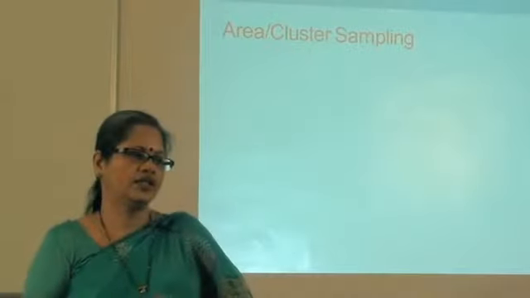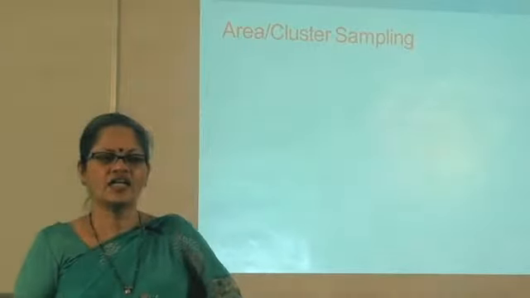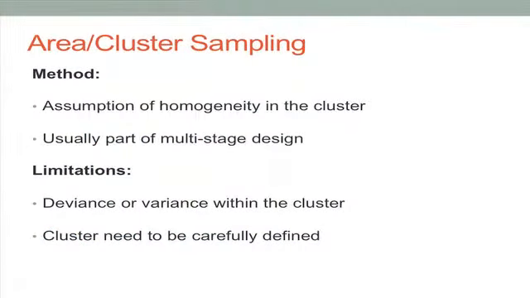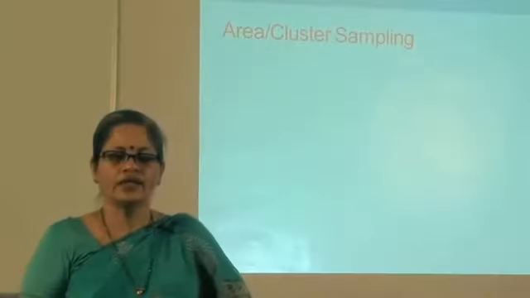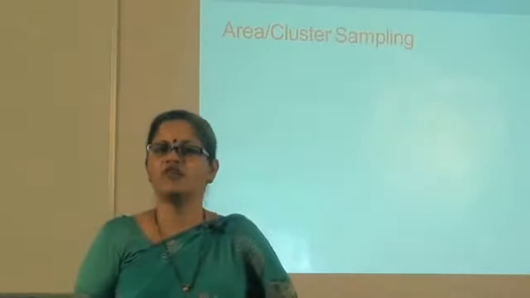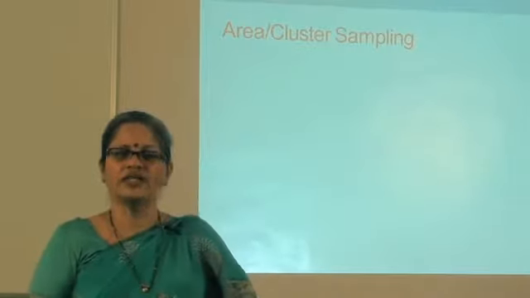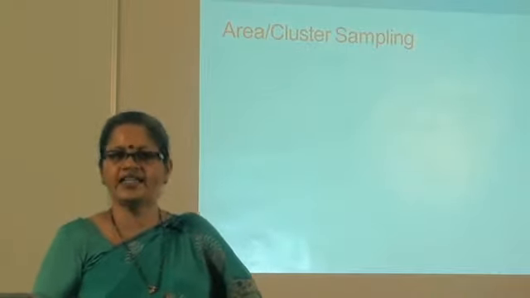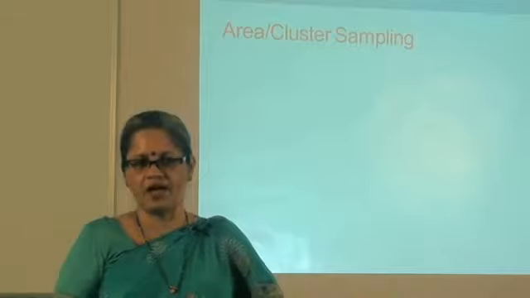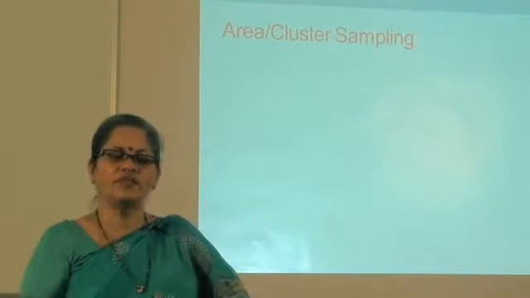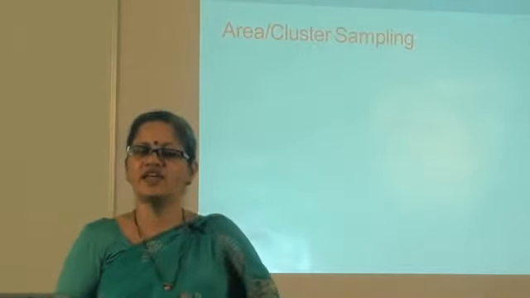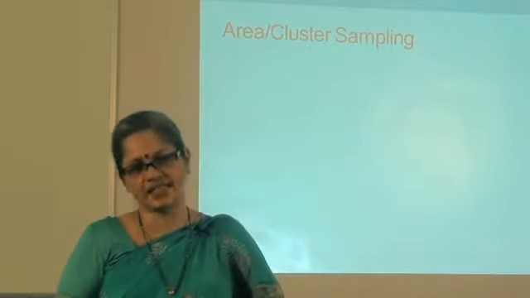Now the next type of sampling is cluster sampling, or area sampling. Cluster means group. Till now, what we were talking about was related to individuals, taking each individual unit and including it in the sample. Many a time, when the population is very big, it is difficult to include the units in the sample.